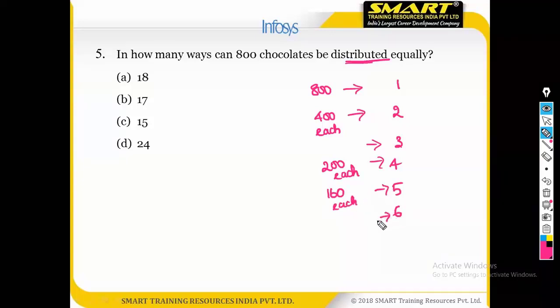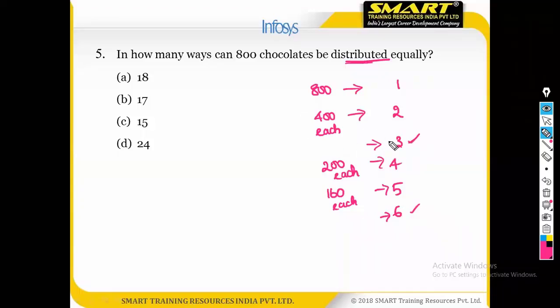If there are 6 persons, is distribution possible? No, right? So how am I checking that distribution is not possible? How am I deciding for these numbers?